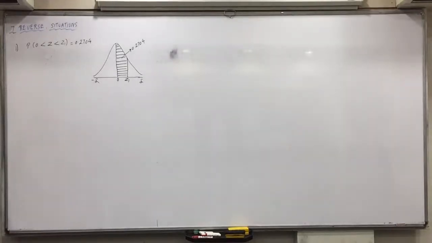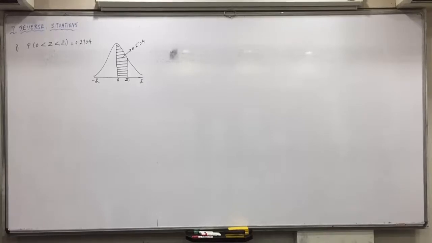Now, in that row only, you'll get 2704. Do you get 2704 in that row? Yes. Can you see it corresponds to 0.74? Yes. 2704 corresponds to 0.7 and 0.04? Yes.